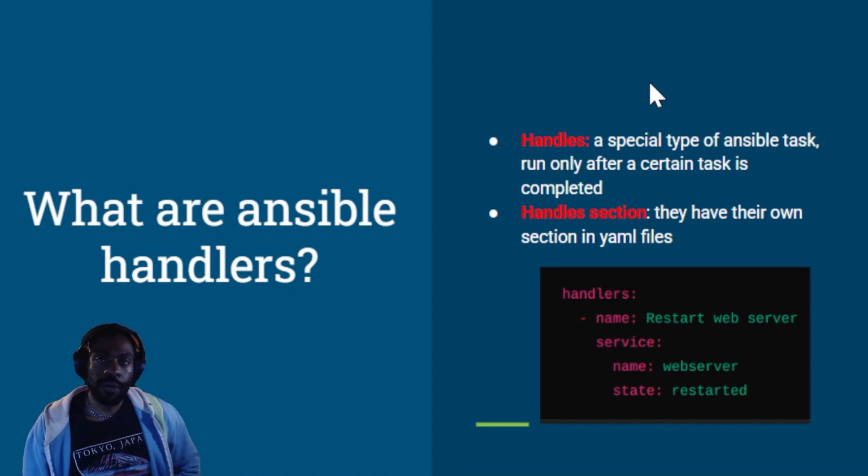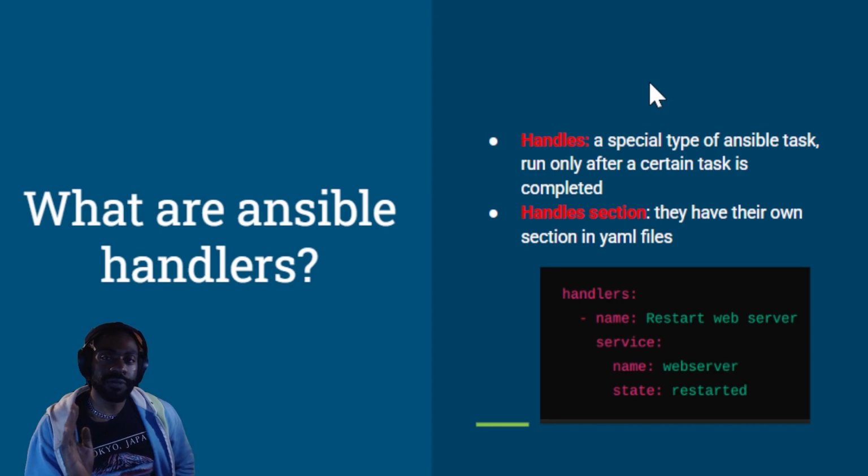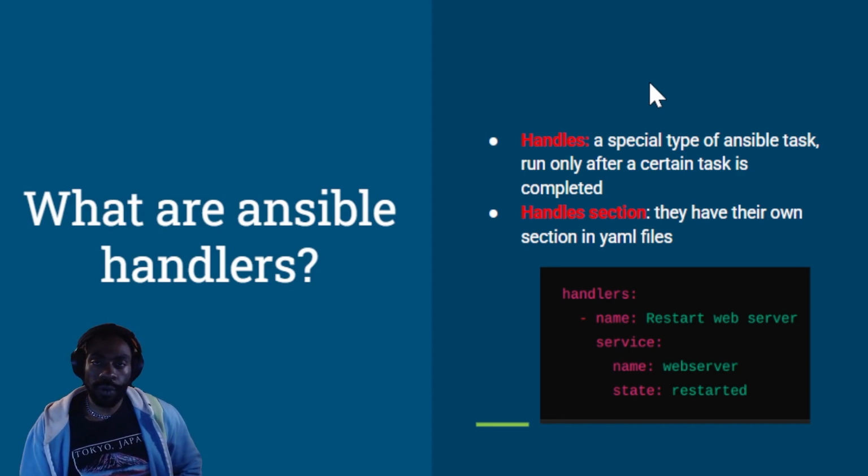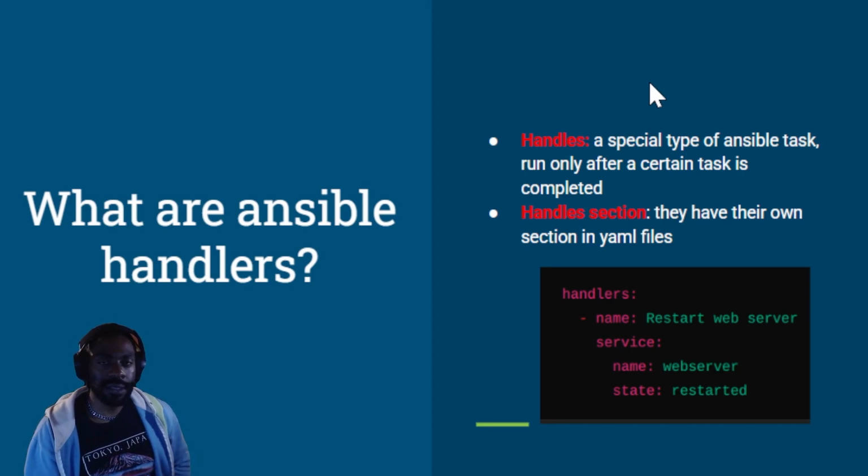So the way it works is you have a task, and at the end of that task, you'll have an alert or a notify. Once that task is run and returns a successful condition, that notify will trigger the handler. The handler then runs whatever special task you wanted the handler to handle. So it is a way to conditionally run certain tasks in your playbook.